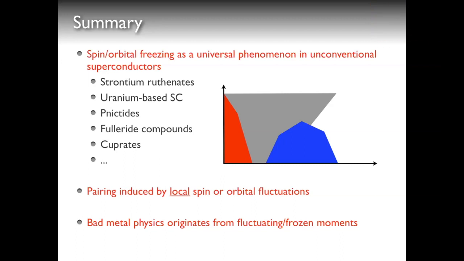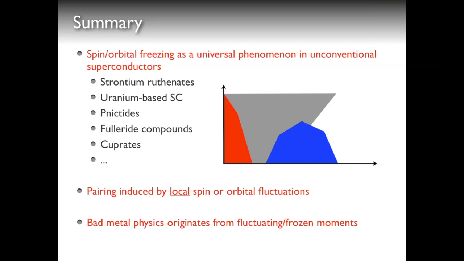Philipp, nice talk. I would just have a comment about something that is really not the main topic, but I want to make it nevertheless. So we discussed the optical conductivity of calcium ruthenate and strontium ruthenate in relation to the spin freezing regime.